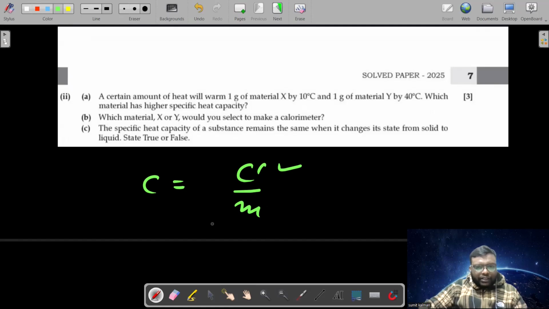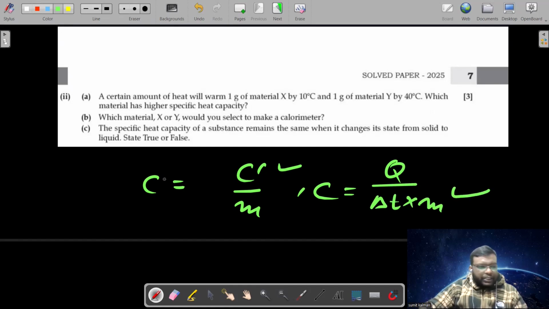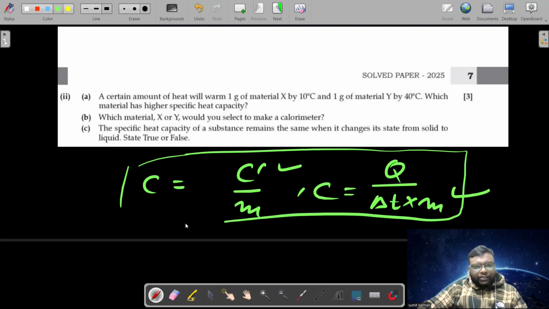So here C is equal to Q upon delta T into M. We will apply this formula of specific heat capacity to solve our second problem.